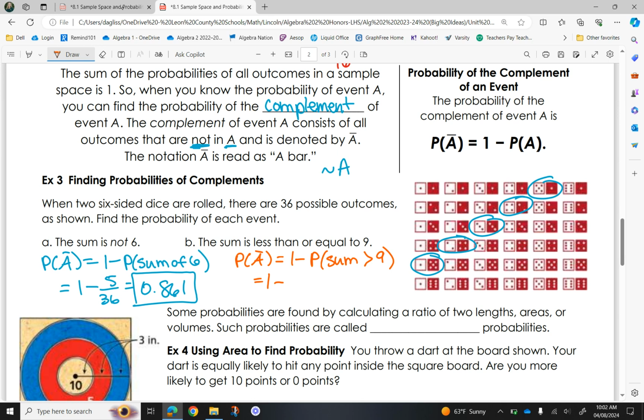Here are my 10s, 11, and 12. So there are 6 of them. So 1 minus 6 over 36 will give me about 0.833.